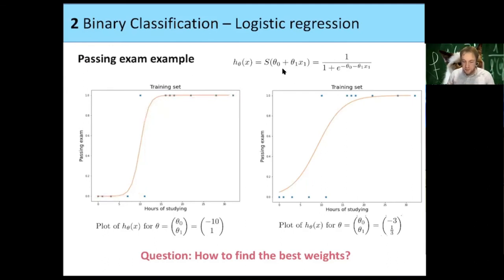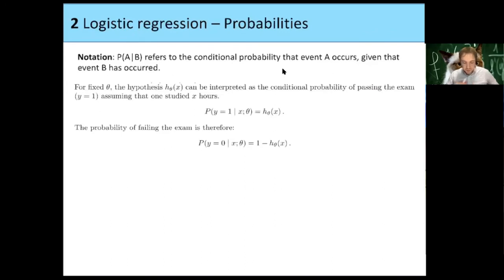But the question is now, how do we find these theta 0 and theta 1? How do we say that thetas are good or bad? And how can we find good thetas? For this, we will now talk a little bit about probabilities.